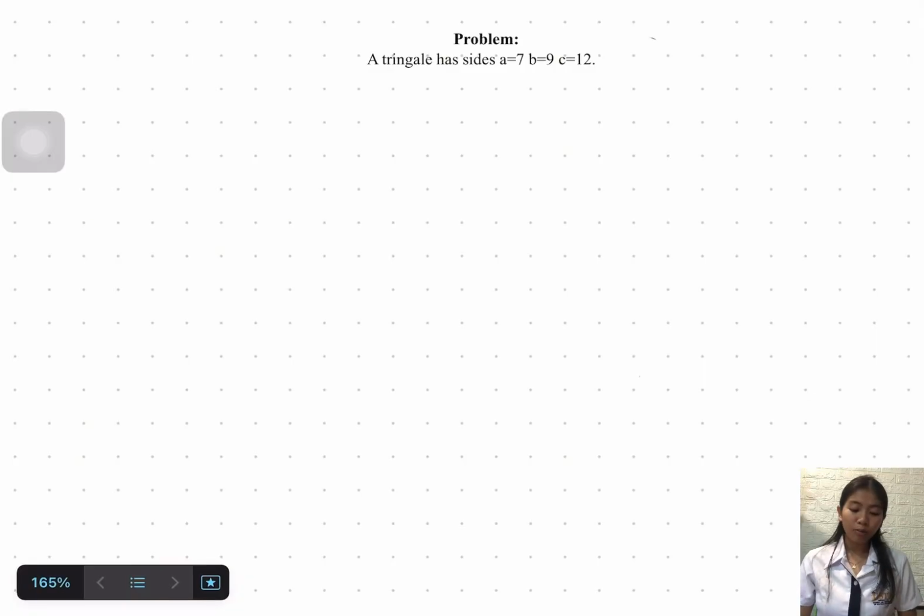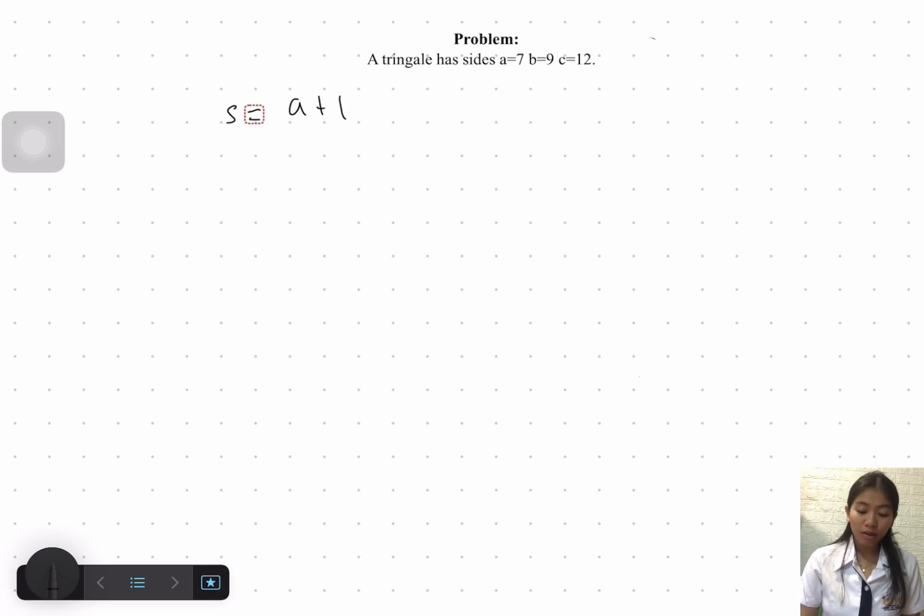Our next problem would be a triangle has sides a equal to 7, b equal to 9, and c equal to 12. We are going to find the area of the triangle by using Heron's formula. First, I am going to show you the formula. S is the semi-perimeter, S is equal to a plus b plus c over 2.